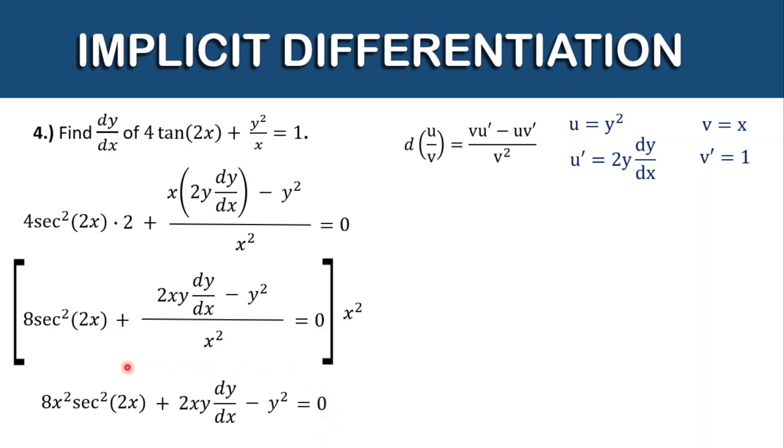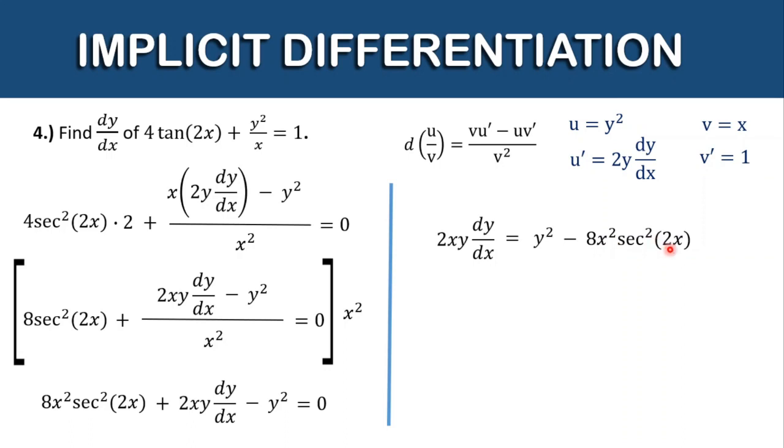Then after this, isolate na natin yung term na may dy over dx, which is the second term. We have 2xy dy over dx. Lipat natin tong negative y squared. Yan, equals y squared. Lipat natin tong first term. So we have negative 8x squared secant squared of 2x.